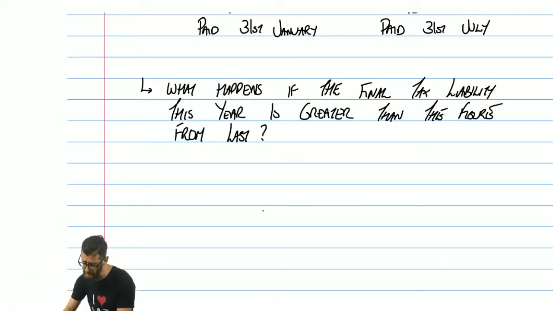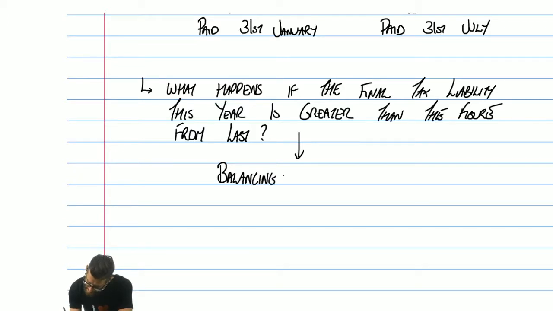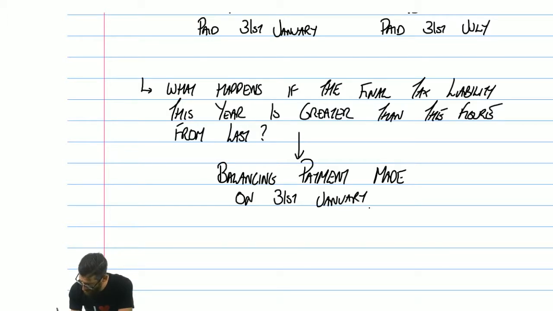Well, that's okay, because what happens in this instance is you will make a balancing payment made on the 31st of January after the tax year ends.